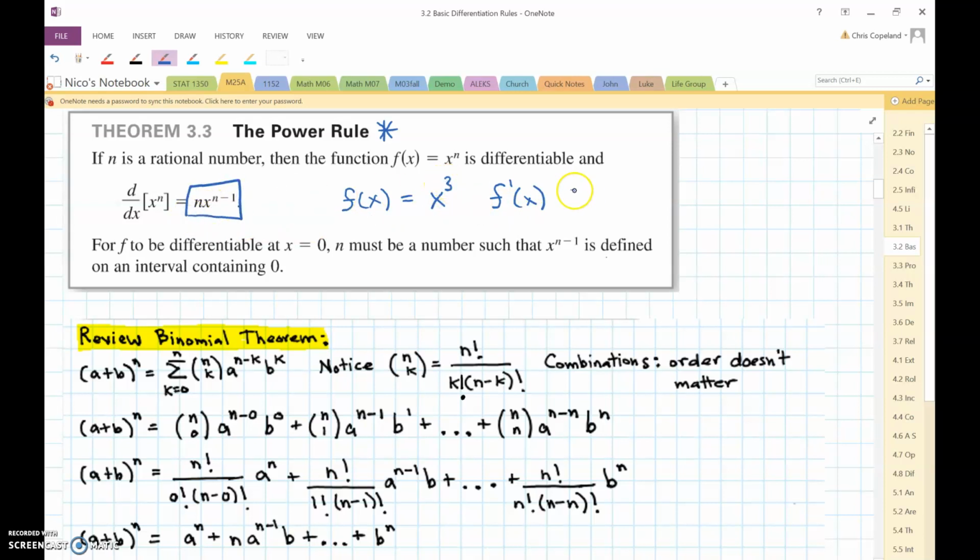Well, 3 is n. We'll put n times x to the n minus 1. Well, n minus 1 would be 3 minus 1, which would be squared. This would be the derivative of x cubed. Okay, obviously this is the shortcut method.